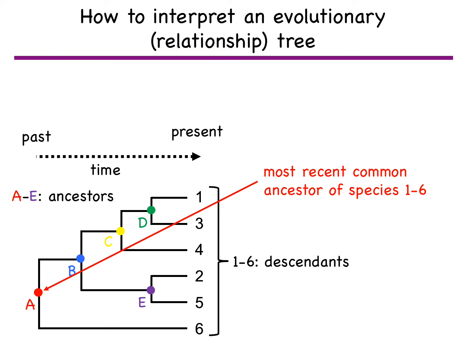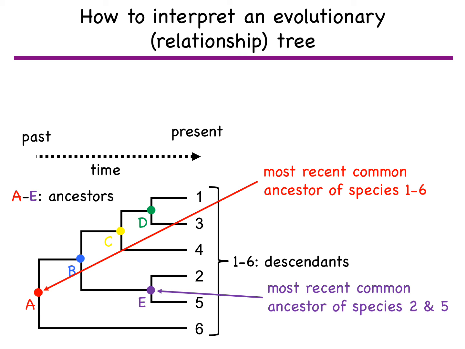If we look at these nodes of the tree, for example, position A would be the most recent common ancestor of species 1 through 6. Point E in the tree is the most recent common ancestor of species 2 through 5. These ancestors are no longer with us, right? They are like evolutionary relics from the past.